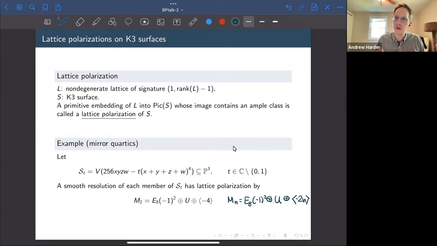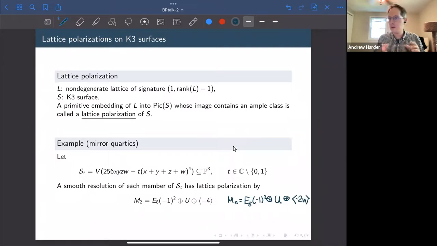So in each member of this family, we get a map from this M2 lattice into the Picard lattice. I should mention that this is not equal to the Picard lattice of all members of this family. In fact, there's a dense subset of C minus these 2 points at which the Picard lattice has rank 20, the maximal possible Picard rank of a K3 surface.